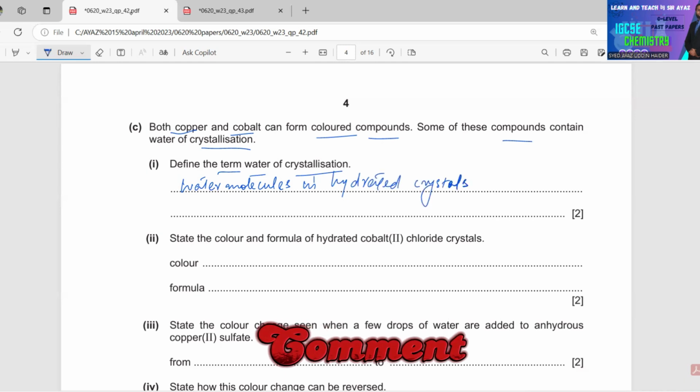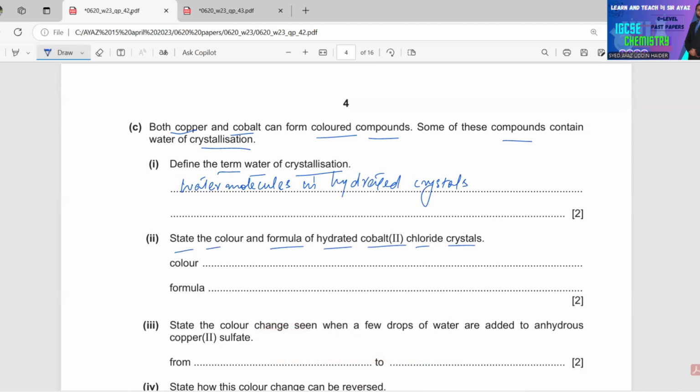Number two, state the color and formula of hydrated cobalt(II) chloride crystals. So it's pink or red. Now formula, they have mentioned the oxidation number of cobalt, which is +2 here.